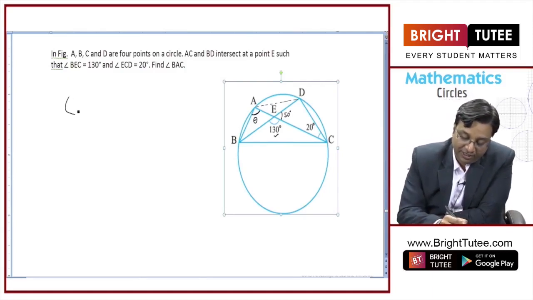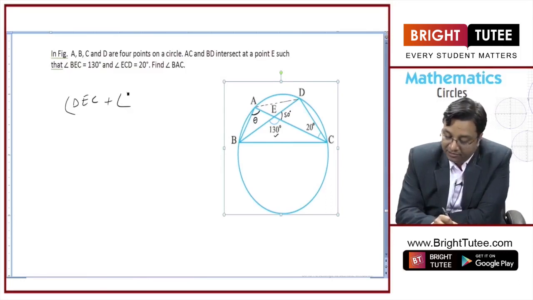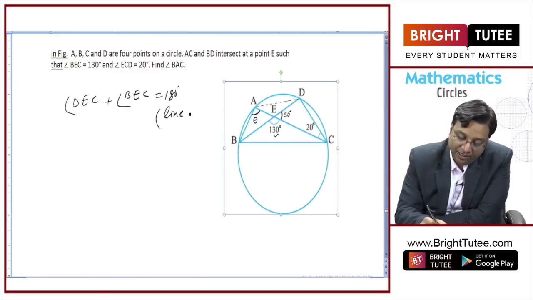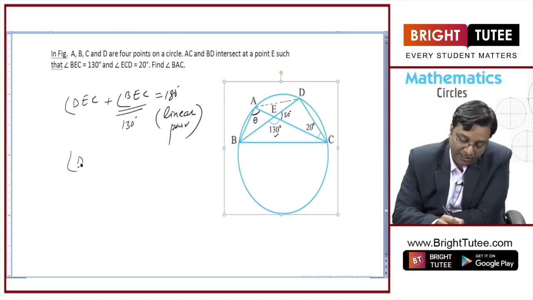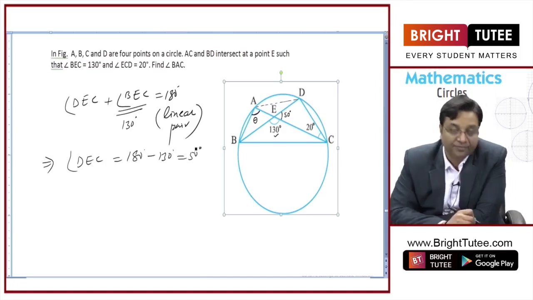The first statement I'll make here is angle DEC plus angle BEC is equal to 180 degrees, linear pair, and angle BEC I already know is 130. So angle DEC is equal to 180 minus 130, that is 50 degrees.